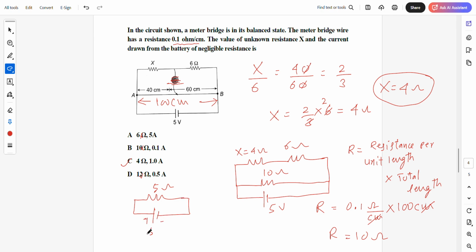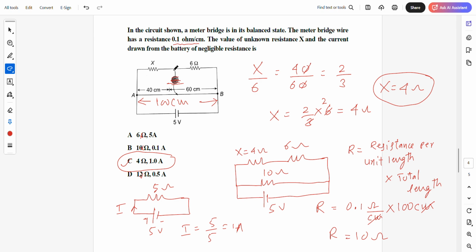With 5 volts, current I is equal to V by R, 5 by 5, that is 1 ampere. I told you, this is the right answer: x is 4 ohm, and the current drawn from the battery of negligible resistance is I is equal to V by R, 5 by 5.